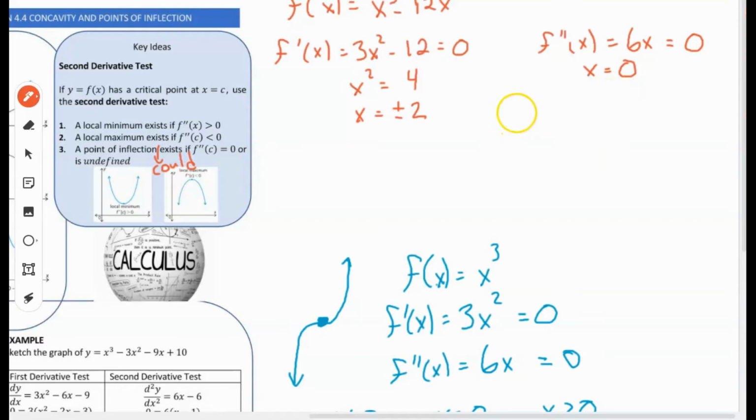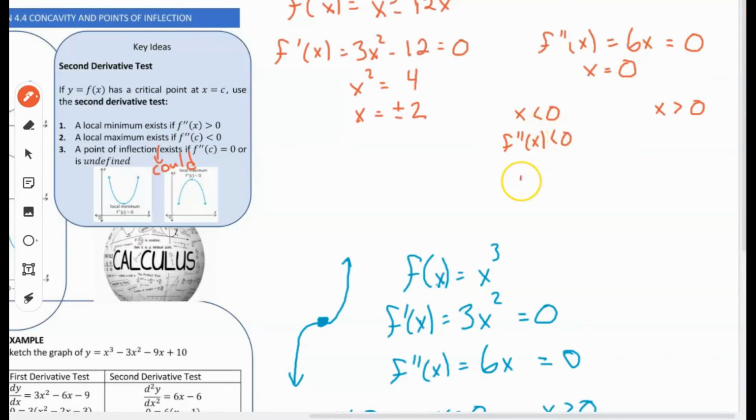So let's look at the second derivative when x is less than 0 and when x is greater than 0. When x is less than 0, we get 6 times a negative number, so that's going to be negative. So our second derivative will be less than 0.